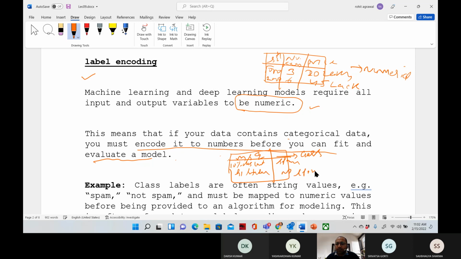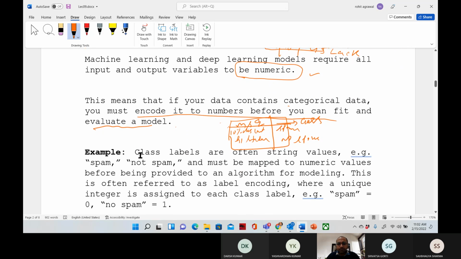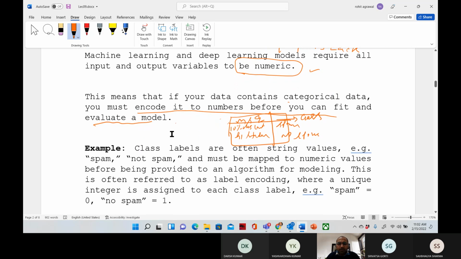So this data is not in numeric form. The output is a category and the input is some text. In that case, we need to transform our data. The terminology used here is that we need to encode our data to numeric before processing them. So this is called label encoding.